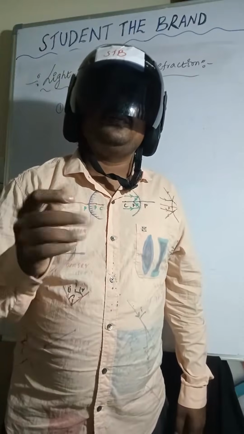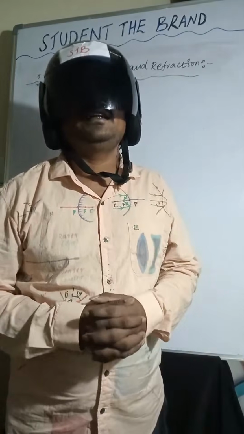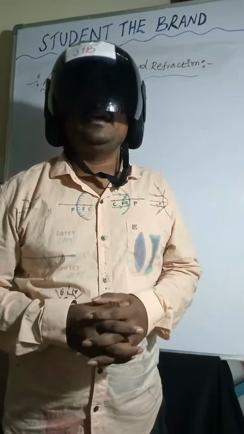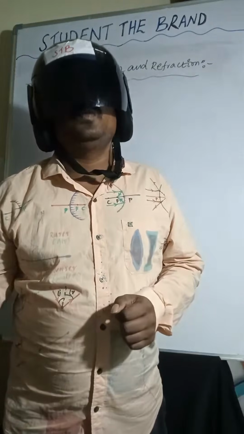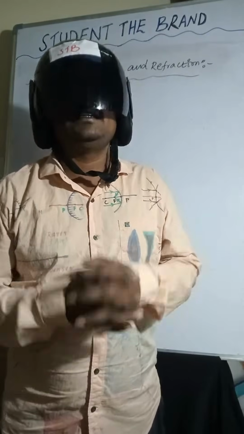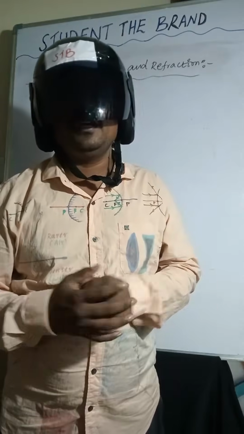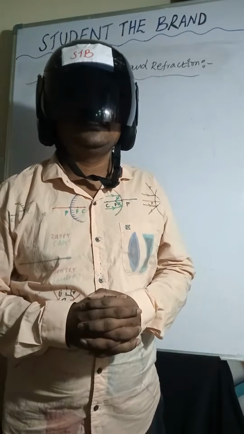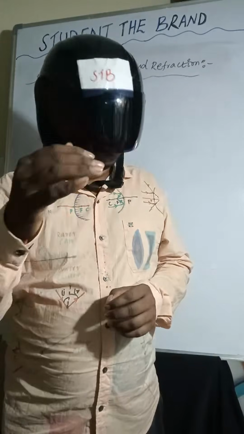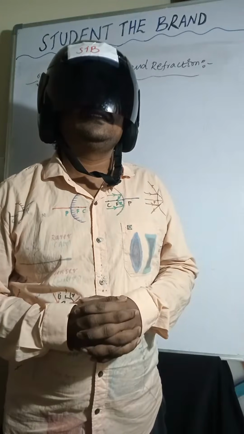Distances are positive along the incident rays. Distances are negative opposite to incident rays. Distances are positive above the principal axis. Distances are negative below the principal axis.